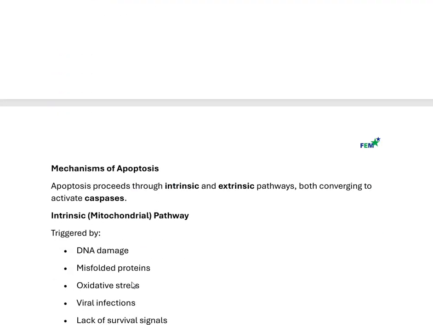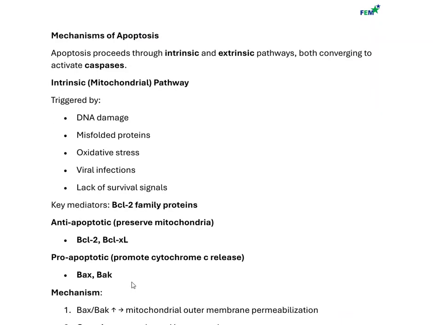So now let's move on to talk about the mechanism of apoptosis. When we look at the mechanism of apoptosis, there are two ways that apoptosis could proceed. It could proceed through the intrinsic pathway or the extrinsic pathway.